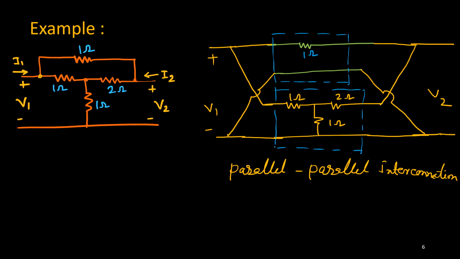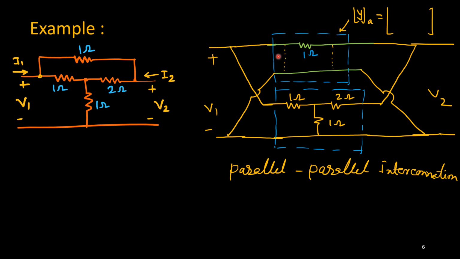So what I apply? Equivalent y will be equal to ya plus yb. For this one, ya, the first one is a network. This ya we can easily find out. We can consider it as a pi network, and its impedance is infinite.